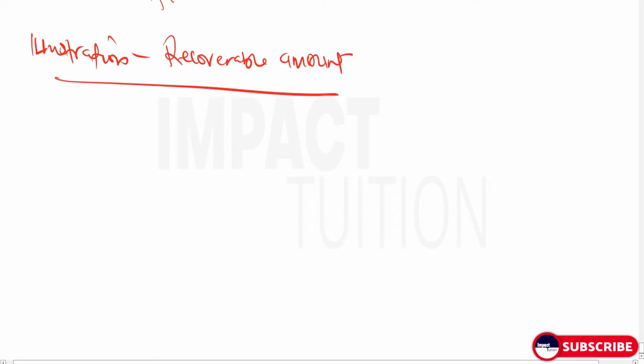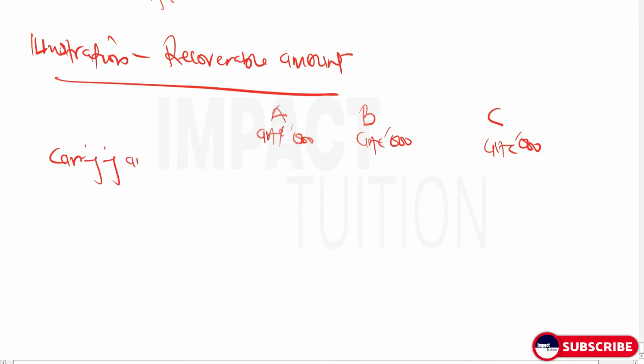We have three assets, A, B, and C. In Ghana cedis, the carrying amount of asset A is 100,000, asset B 150, asset C 120.